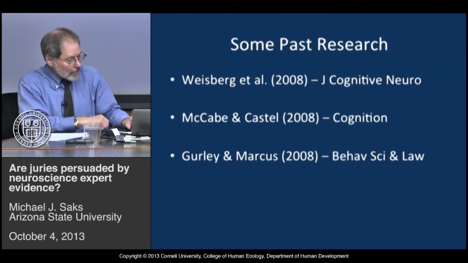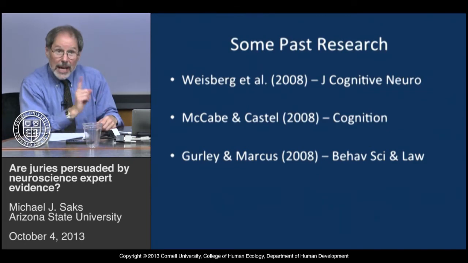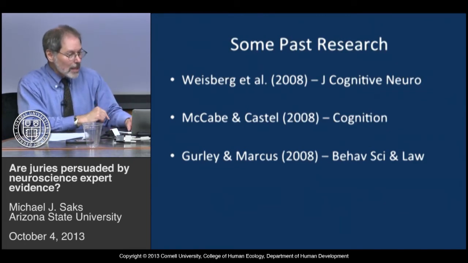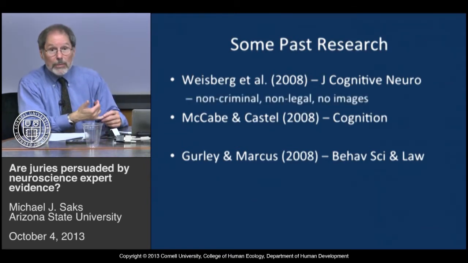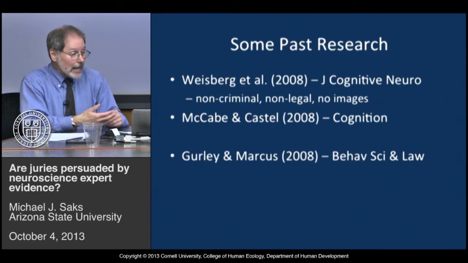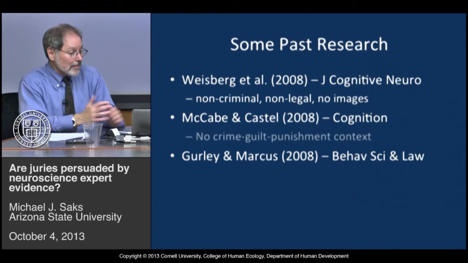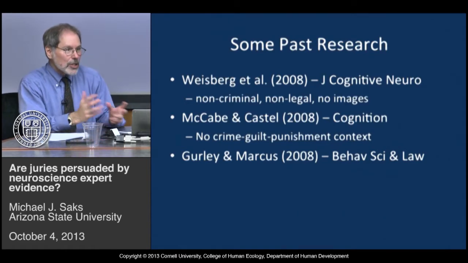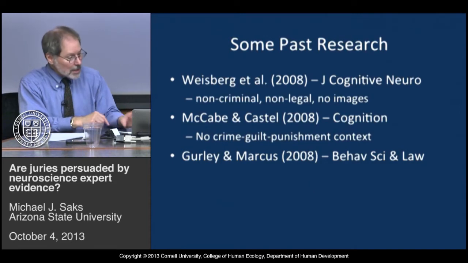So why don't we just say, well, those studies pretty much answer the question? Except if you go back to what we said the original question was, you find that each of them misses the mark in one way or another. The Weisberg study involved no images whatsoever, and it was in a non-criminal, not even legal, context. McCabe and Castell were not in a crime, guilt, punishment context, which we think becomes a very important difference.